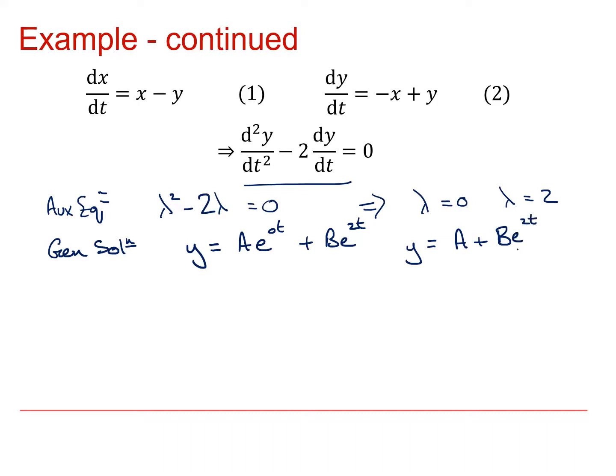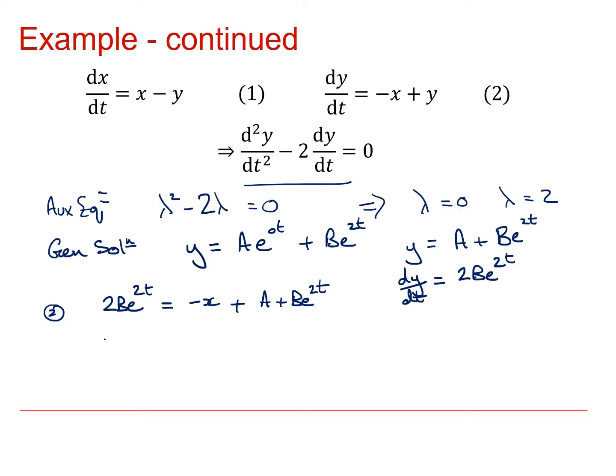Now having got an expression for y, I can get an expression then for dy by dt, which is just 2b e to the 2t. Then if I think about equation 2 up here, from that I'm going to get 2b e to the 2t is equal to minus x plus a plus b e to the 2t.